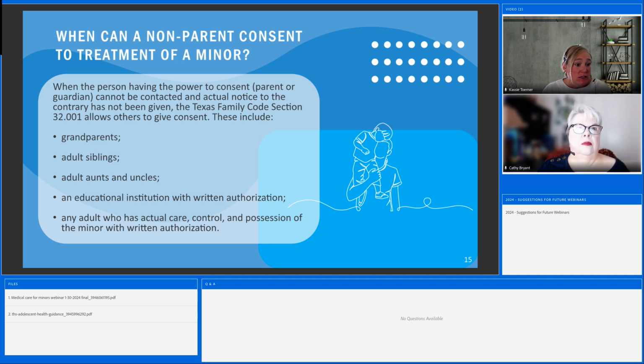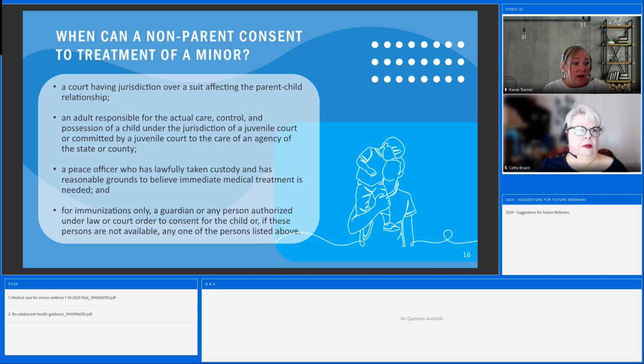Grandparents, adult siblings, adult aunts and uncles, educational institution with written authorization, any adult who has actual care, control, and possession of the minor with a written authorization can provide consent of the minor. A court having jurisdiction over a suit pertaining to a parent child relationship.